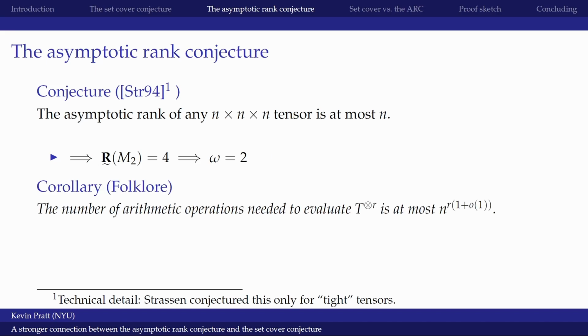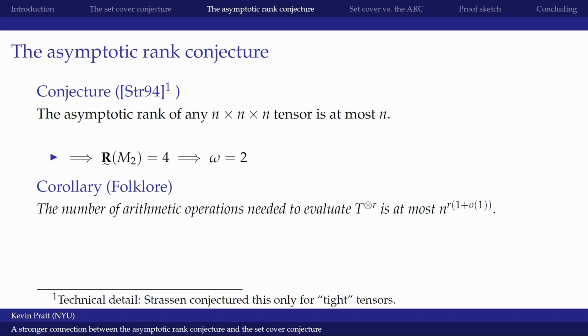But for us, one important algorithmic consequence of this conjecture, if it's true, is that the polynomial, the tensor T to the r, can be evaluated in time n to the r times 1 plus little o of 1.